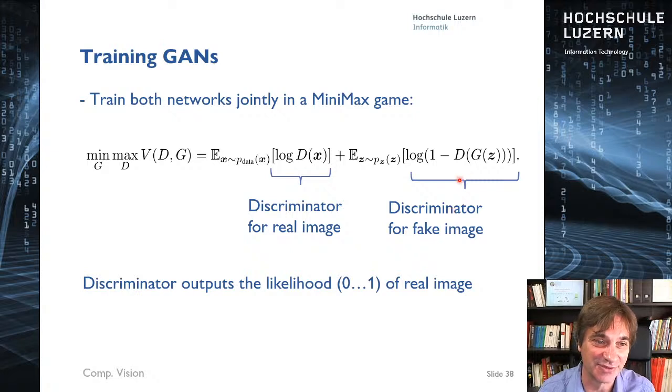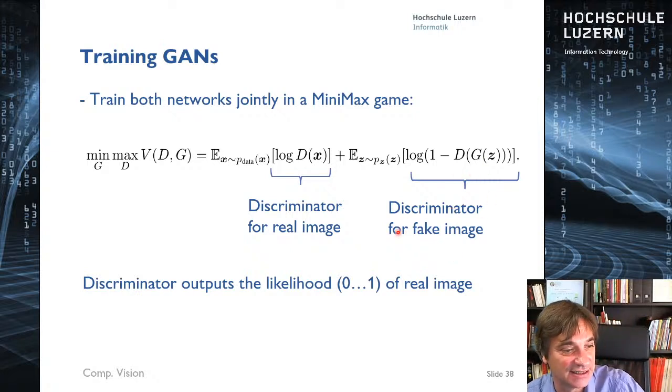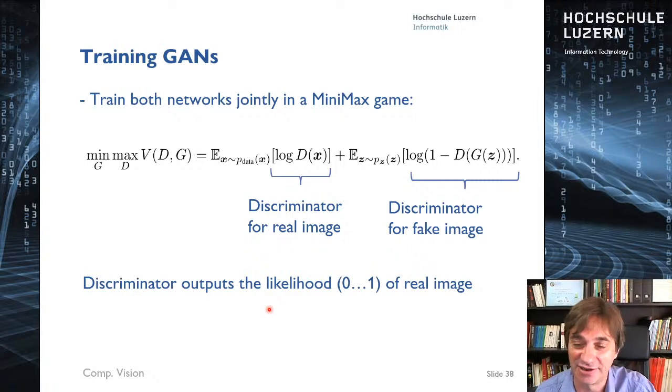For one of them it should be as small as possible, and for the other as large as possible. The discriminator will then output the likelihood of a real image as a probability value between 0 and 1.